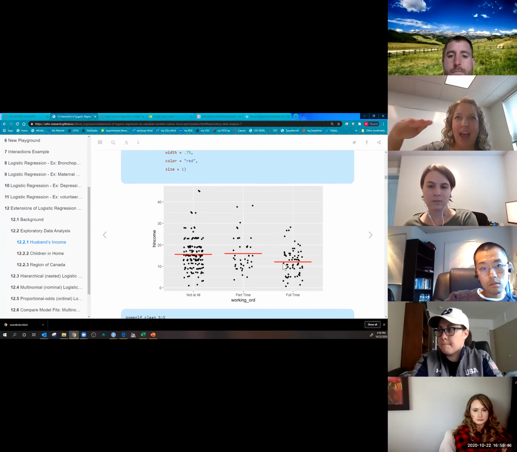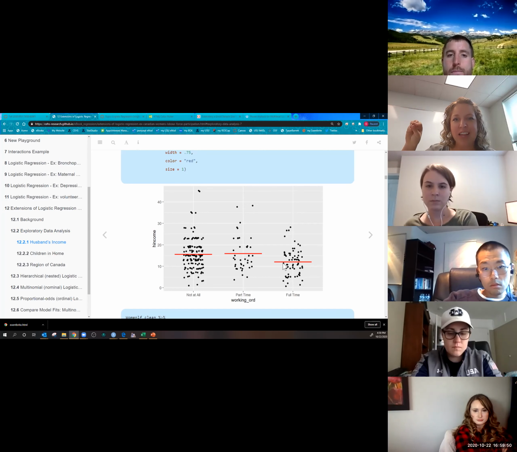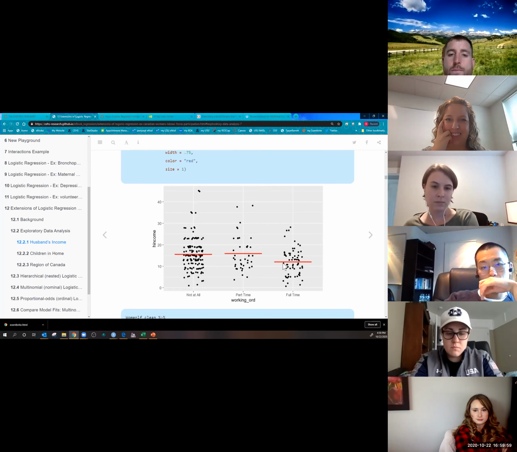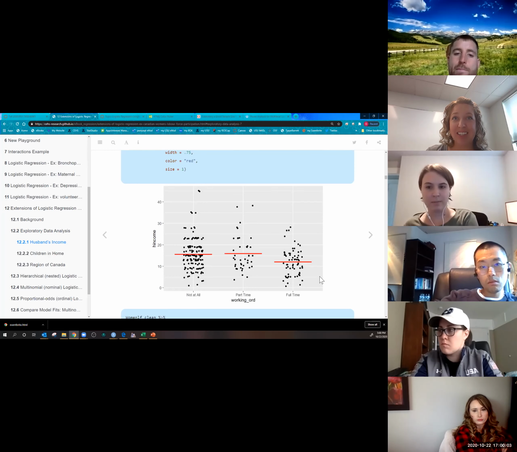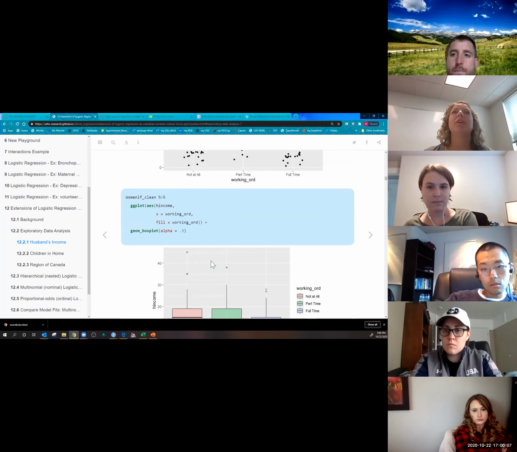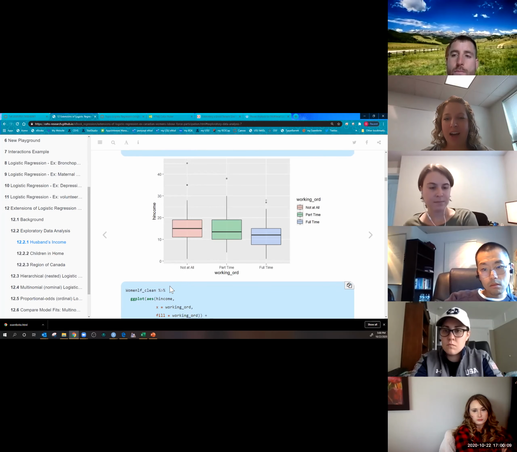But the red line is the average, and by putting all the dots, we can also see the spread. Where is there most variation? In the not at all group. When they're working not at all, more spread here? Yeah. Okay, here it is as a box plot.